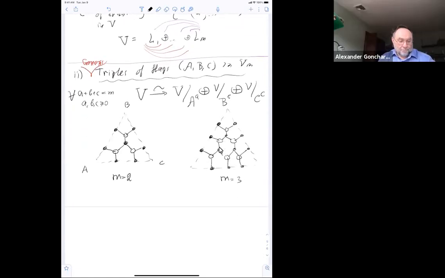So then the main result is the following. It's a theorem. There exists a canonical equivalence between the following two groupoids.